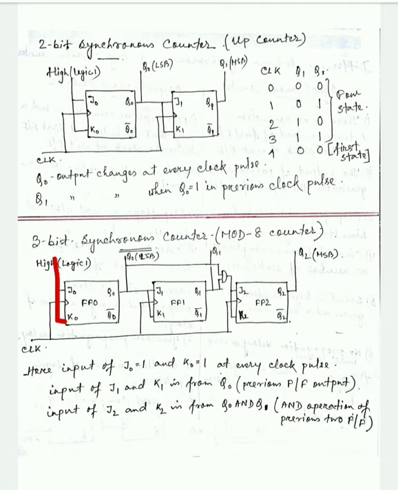You see J1 K1 get their value from Q0, and J2 K2, here is one trick, get their value from the outputs of the previous two flip-flops. That means here we used one AND gate of Q1 and Q0. So the third flip-flop is affected by the two outputs of the previous flip-flops. Okay.